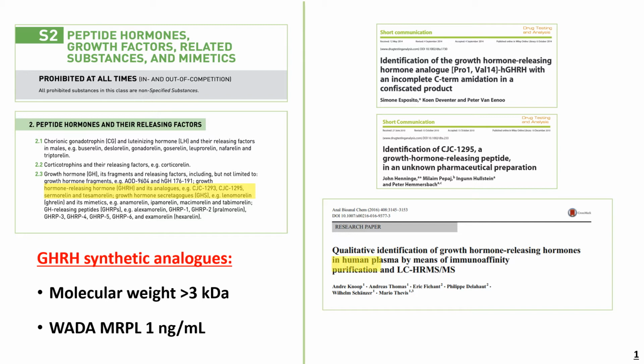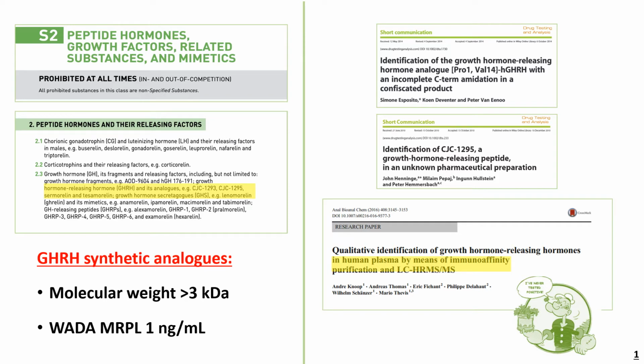Unfortunately, this approach requires immunoaffinity purification and nano LC-HRMS. This approach is difficult to run routinely. However, with all analytical means at our disposal, no adverse analytical finding has been claimed in testing figures so far.